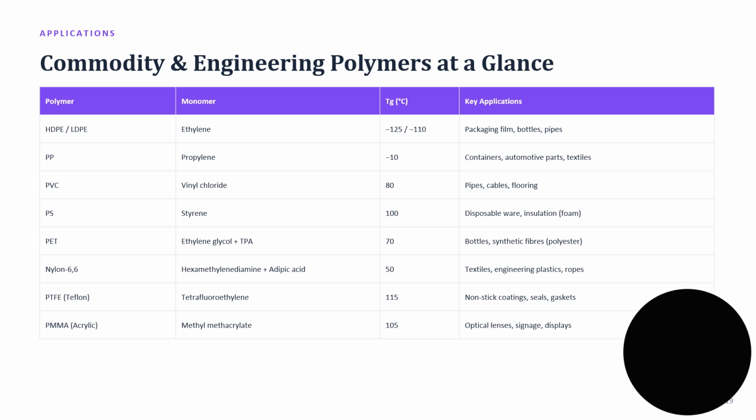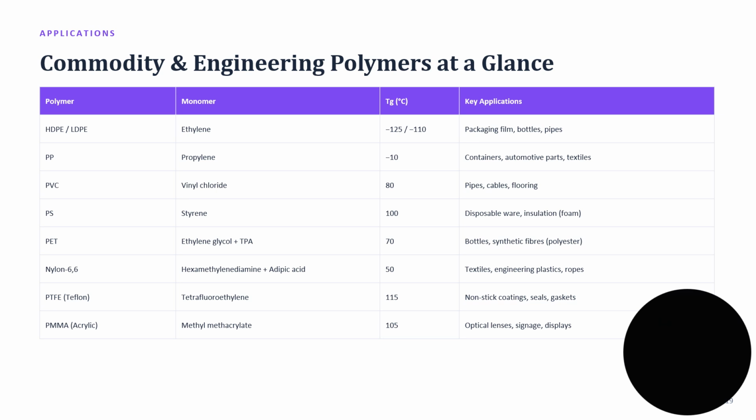PTFE, or Teflon, made from tetrafluoroethylene, is famous for its non-stick surface and chemical inertness, and PMMA, or acrylic, made from methyl methacrylate, has excellent optical clarity, used in lenses and displays.